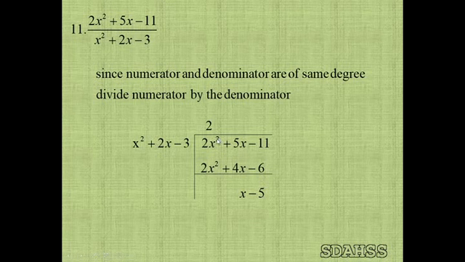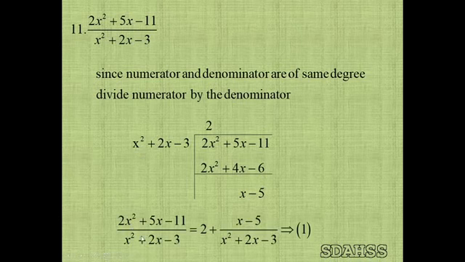So 2x square minus 2x square cancel. 5x minus 4x is x, minus 11 plus 6 is minus 5. Now this is the quotient, remainder and the divisor. So this can be written as 2x square plus 5x minus 11 divided by x square plus 2x minus 3 is equal to, first you have to write the quotient 2 plus, and then remainder by divisor.